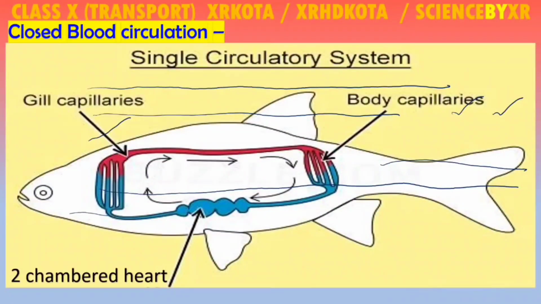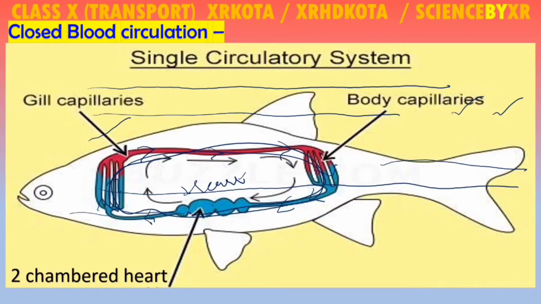Let us see the example of a fish. So suppose we start from here. The blood is flowing from here. Blood passes through the gills, and then it goes all over the body, and after distributing to the body, deoxygenated blood is collected and comes into the heart. So this is the heart, and the blood in one complete circulation passes through the heart only one time.